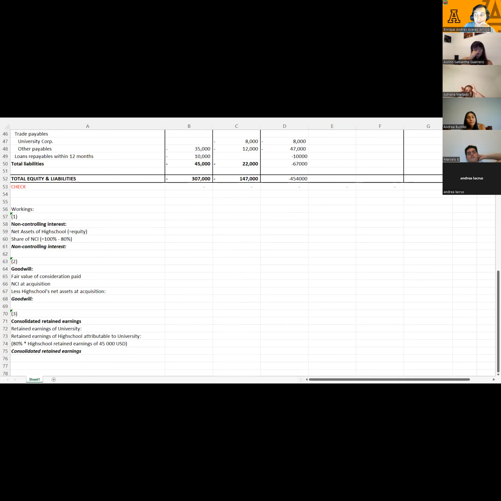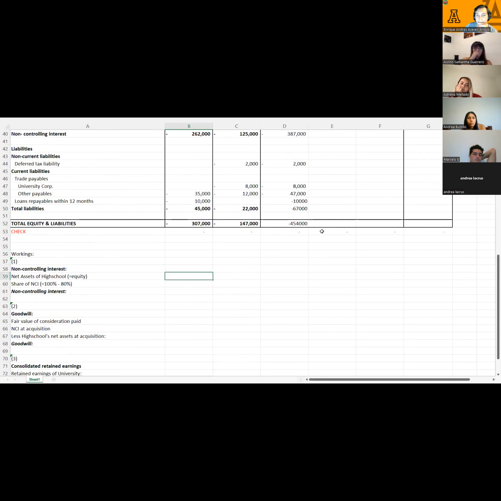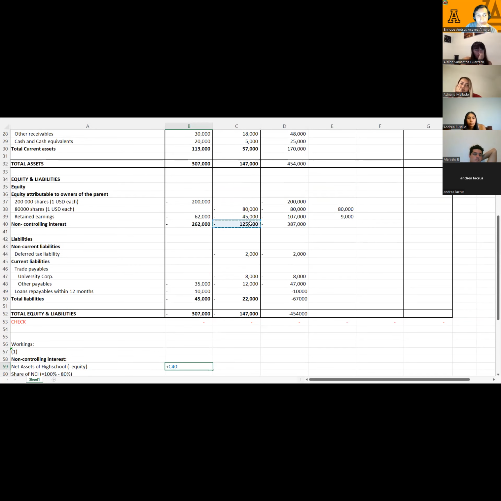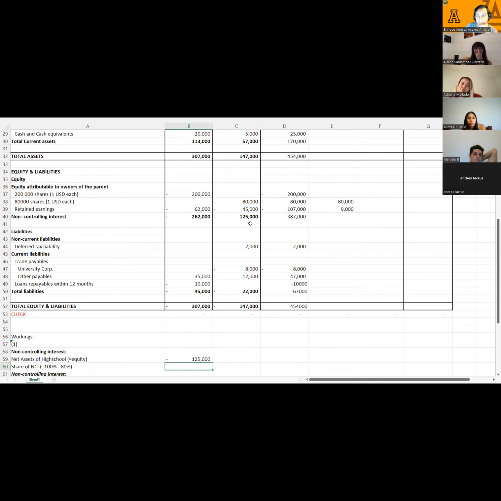The question asks to measure non-controlling interest at its proportional share of the net assets of the subsidiary, the high school. Okay, so what is the net asset of the high school? The non-controlling interest. That's the net asset.